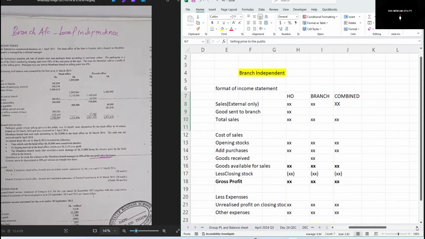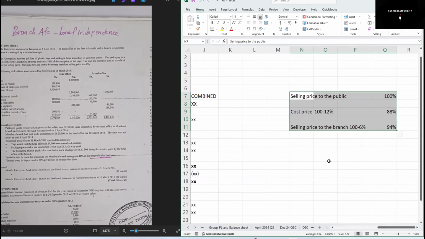So you can see you have to relate. We'll be using the selling price to the public and also the selling price to the branch.